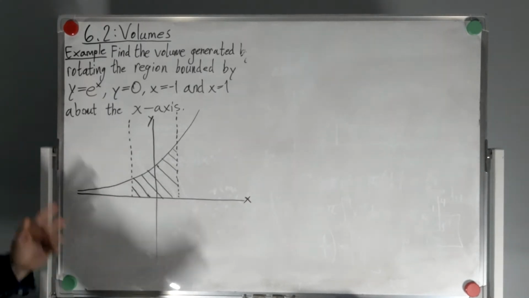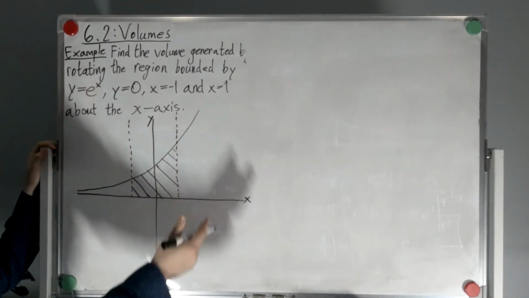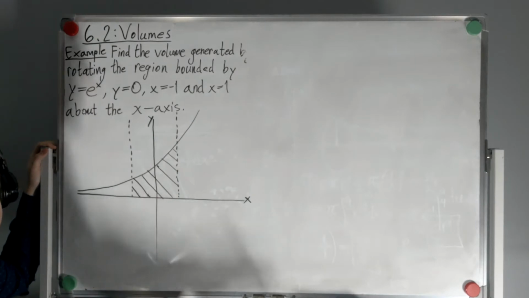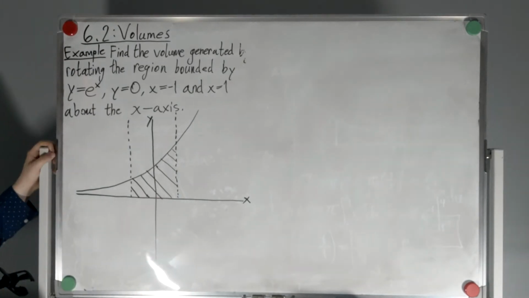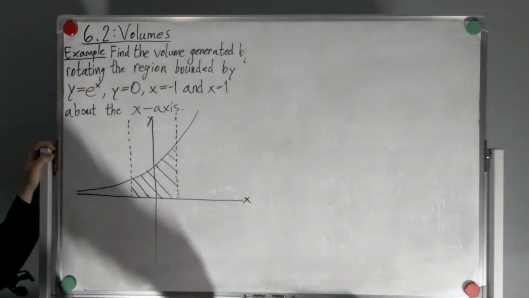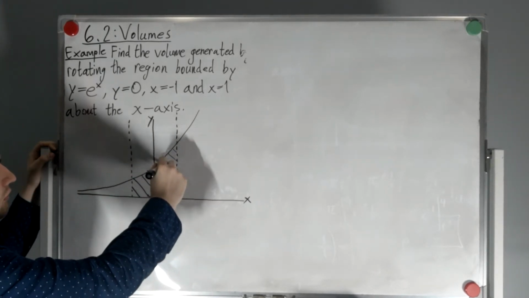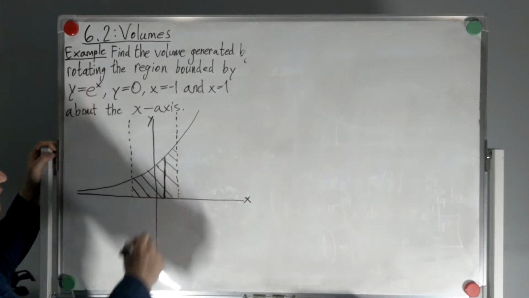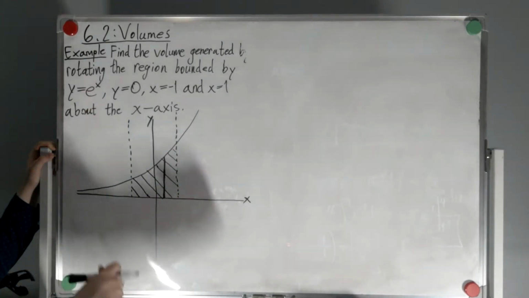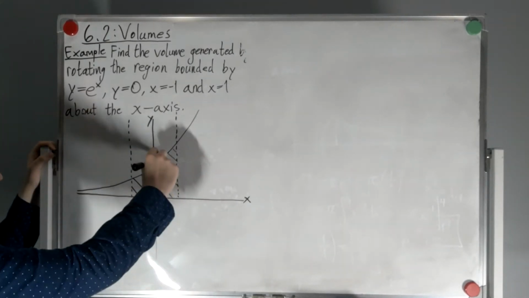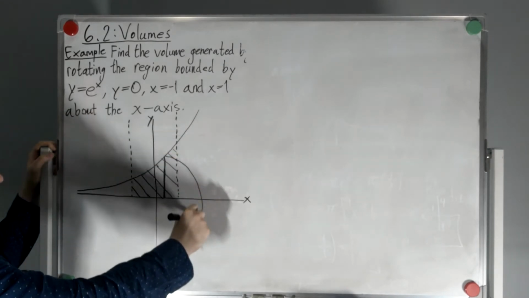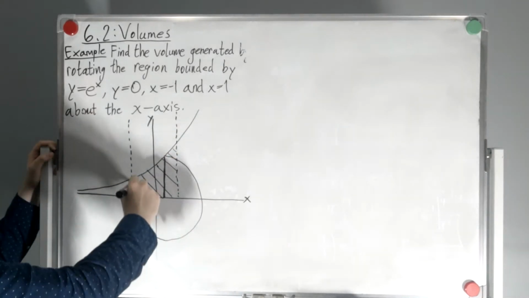So, once again, we're going to take a typical slice of this region that is perpendicular to the axis of rotation. In this case, the axis of rotation is the x-axis, so we want to take a vertical slice of this region. Okay? When you rotate that around the x-axis, what you'll get is some kind of disk.